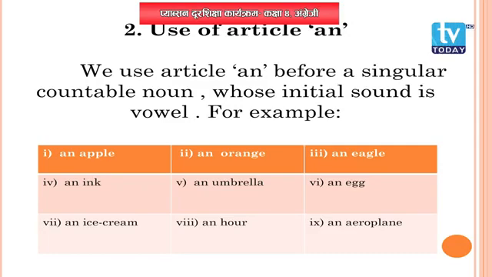Don't be confused by the H at the beginning of the word 'hour', because H is silent there, so we can use 'an' in front of 'hour'. An hour is one of the parts of our day and also a unit of time. The next example you can see there: an aeroplane, an aeroplane.